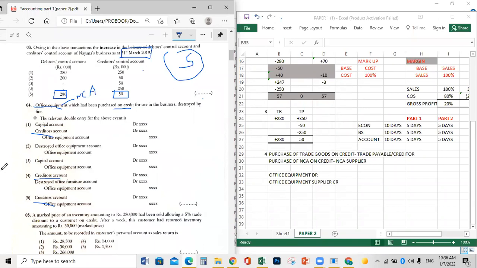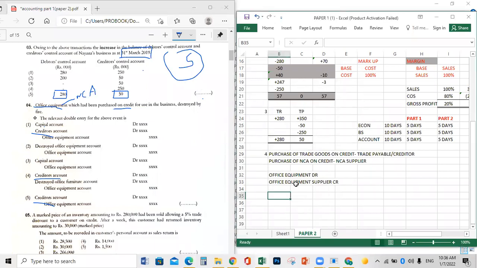Before, office equipment was a non-current asset. Now a non-current asset is destroyed. Can you keep it as an asset anymore? No, you can't. You cannot keep it as an asset anymore, guys. What you have to do, you have to take it out.